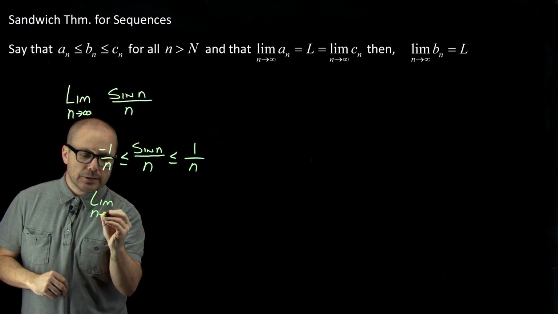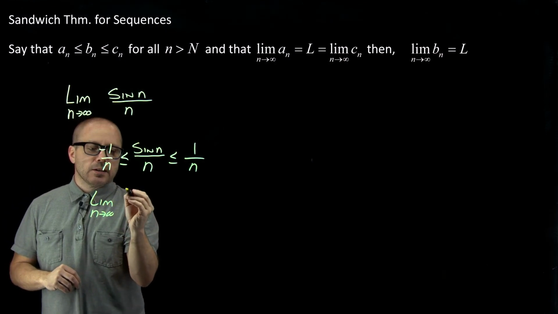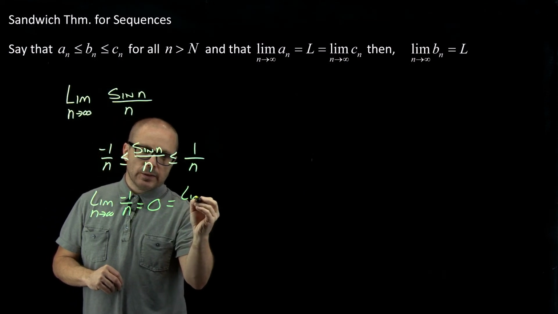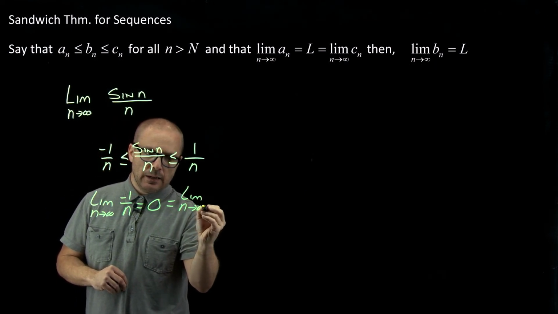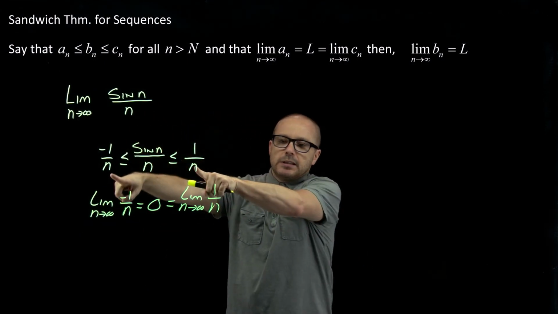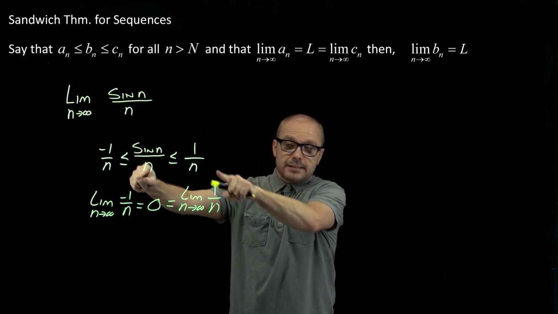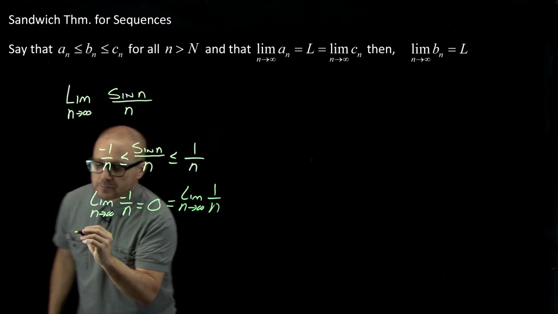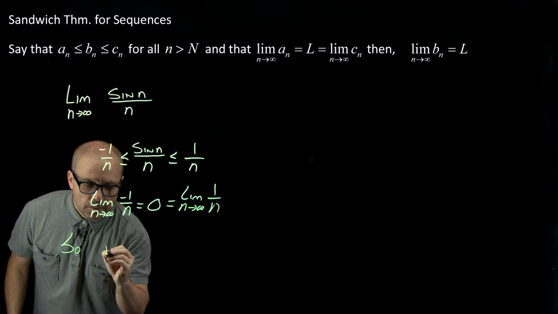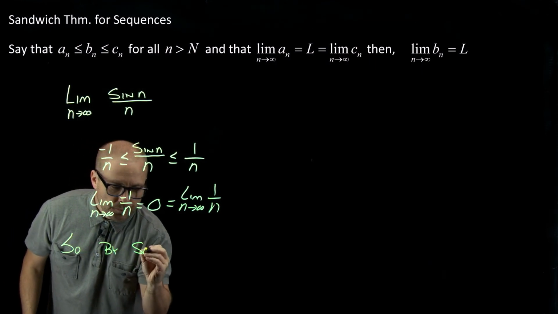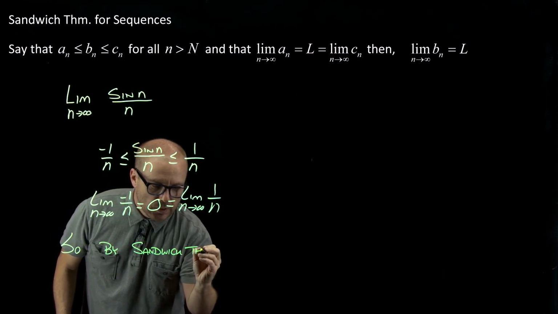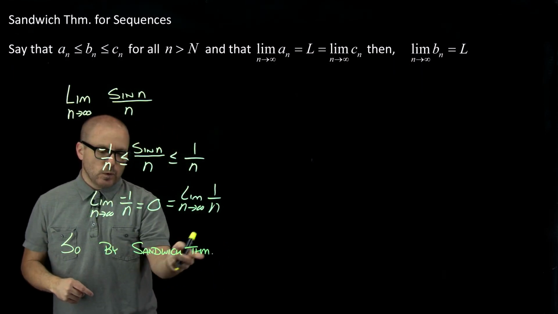We proved it, actually. So the limit as n goes to infinity of negative 1 over n is 0, which is also the limit as n goes to infinity of 1 over n. So this is trapped between these two, and these two outside are both headed to 0. So by sandwich theorem, which I'd like you to say when you make your argument, what theorem you're using there.